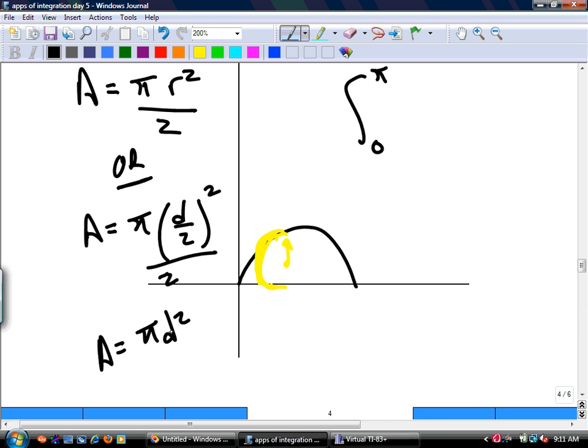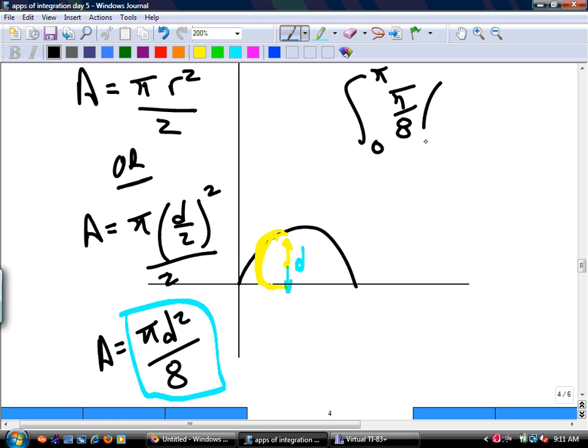Pi d squared over 8. That's probably a better one to use for this, because d is the distance. This is d. All of that distance is sine x. Pi over 8 d squared.